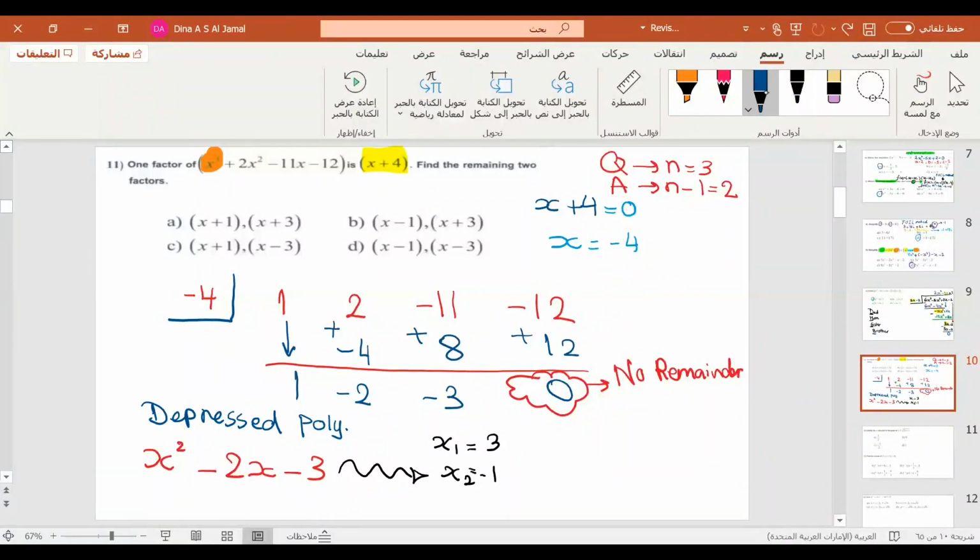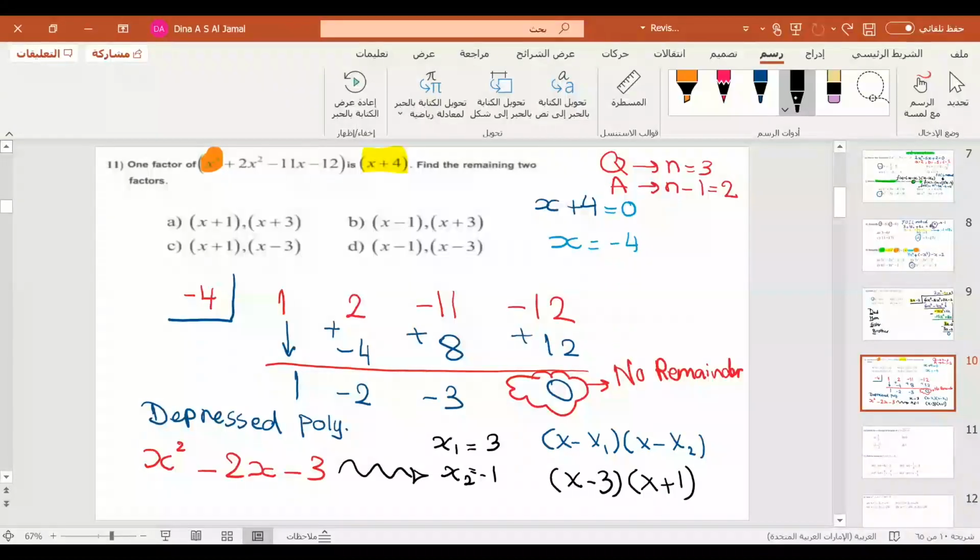Now focus, how can we write them as factors? x minus x1, x minus x2. That means x minus 3, and minus minus means x plus 1. So if you want the other factors other than x plus 4, your choice will be C, x minus 3 and x plus 1.